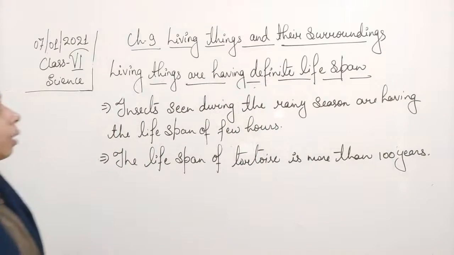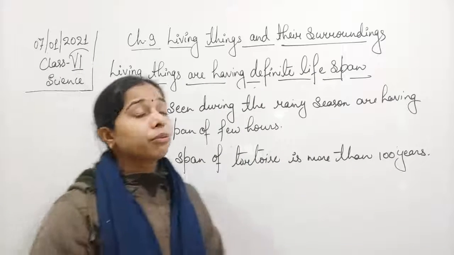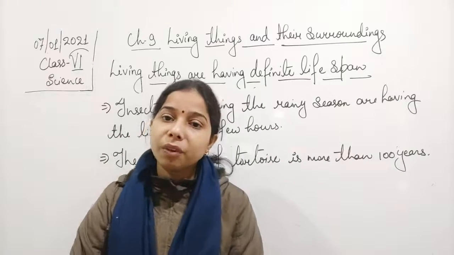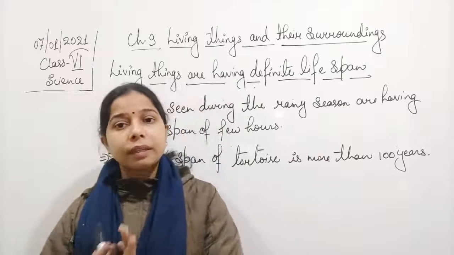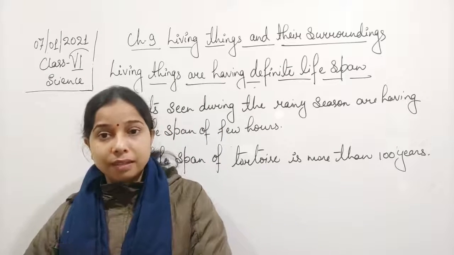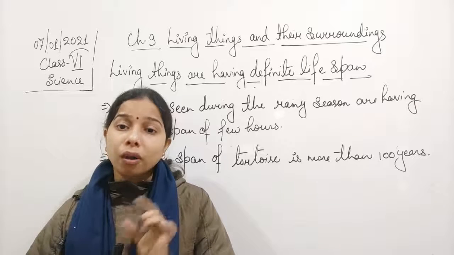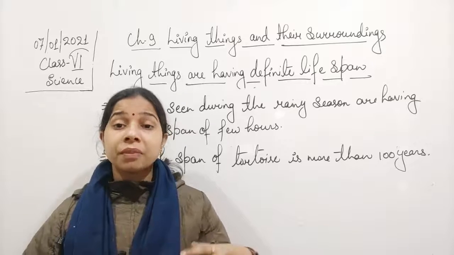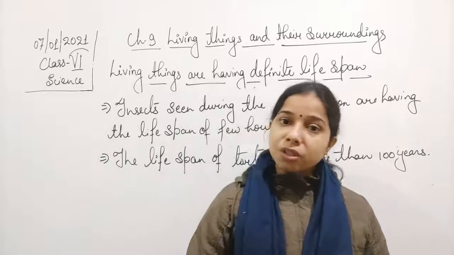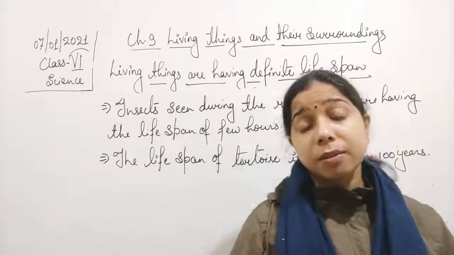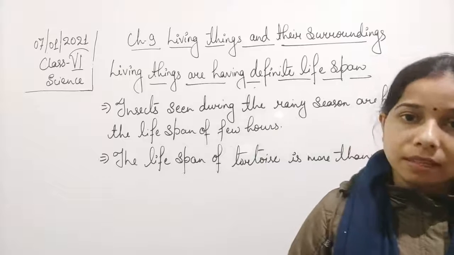So this was about the lifespan, students. So we have seen here that all the living organisms have different lifespans. Now we have talked here, students, that the living organisms which have the shortest lifespan can only remain alive for a few hours. Such a lifespan we will consider a very short lifespan.